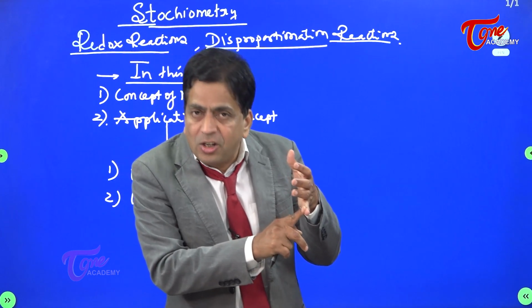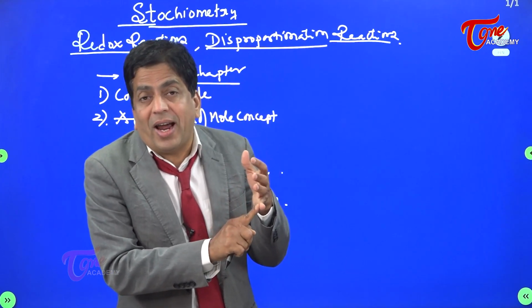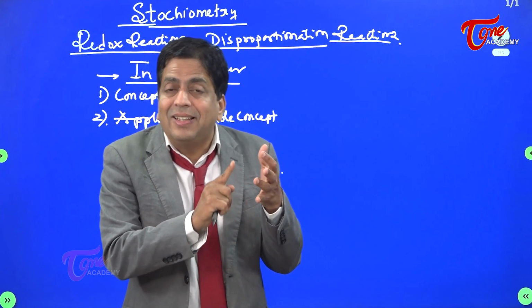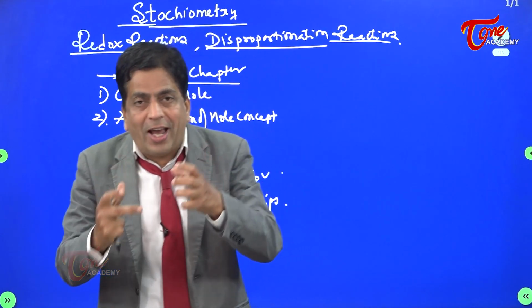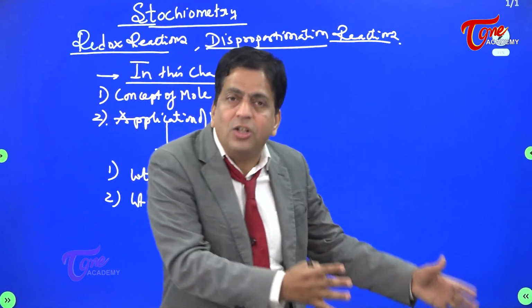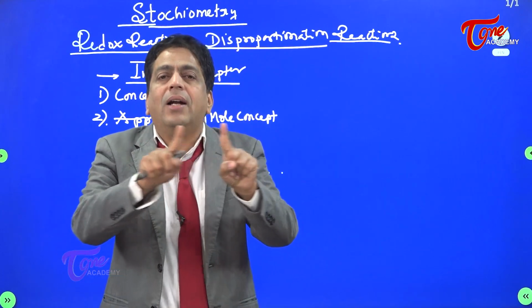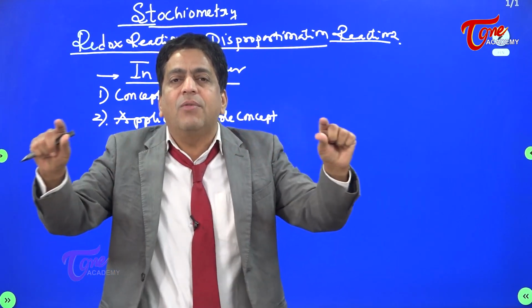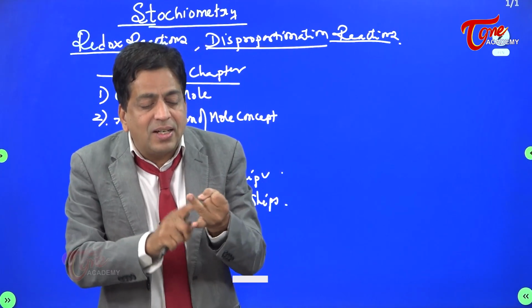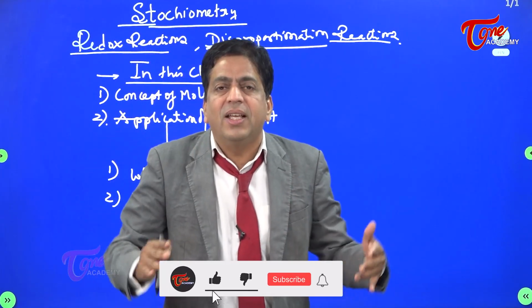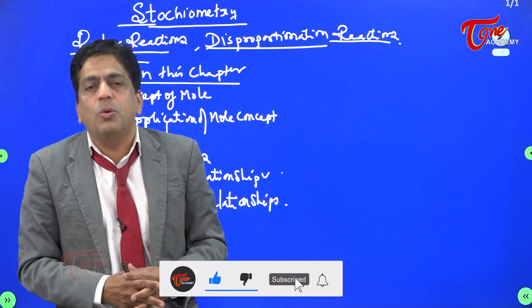First, it should be balanced, then the states of the reactants and products. And the third thing, when the reaction is proceeding from LHS to RHS, whether heat is absorbed or evolved is even shown in the equation itself. If these three things are fulfilled, then we say that the equation is a stoichiometric equation.